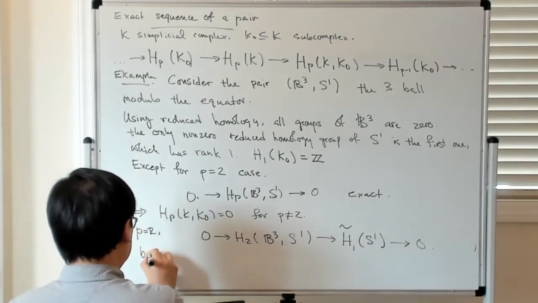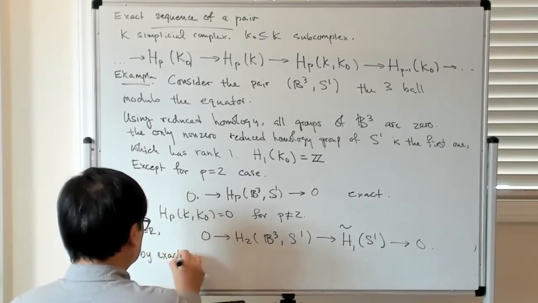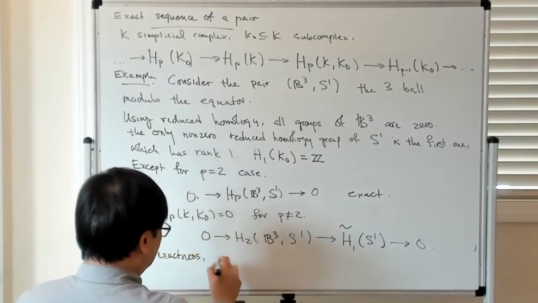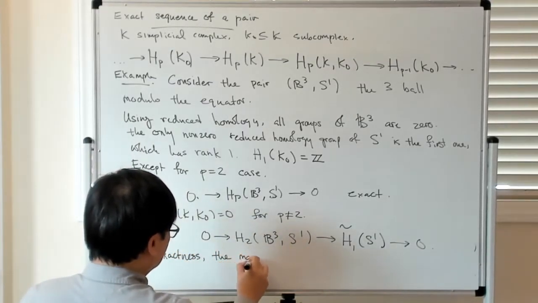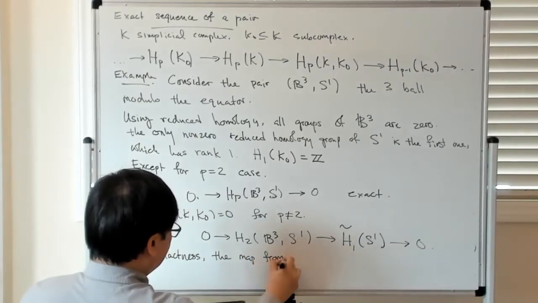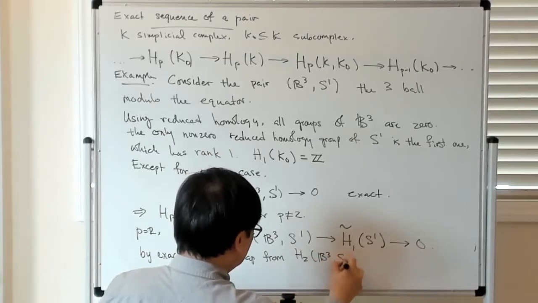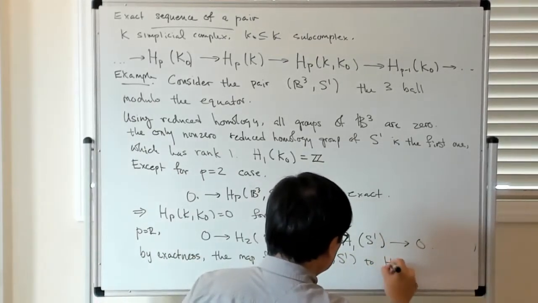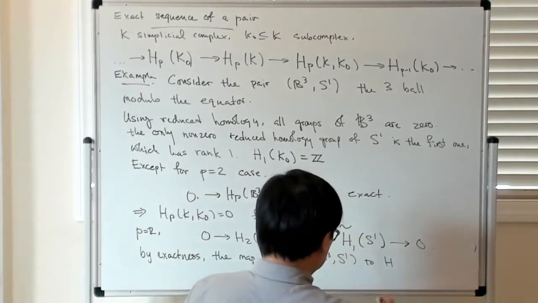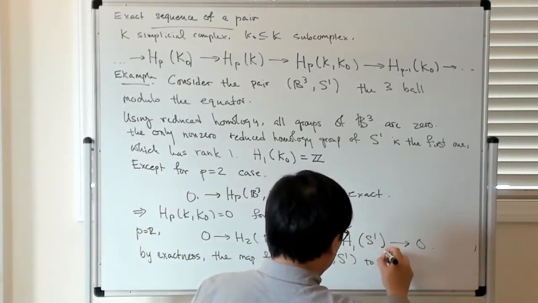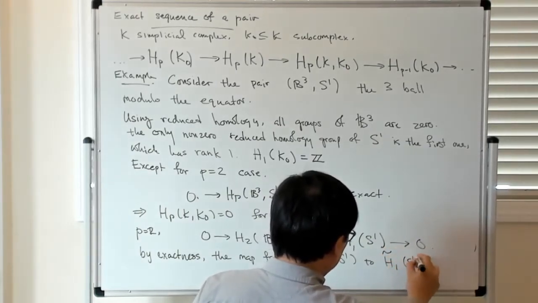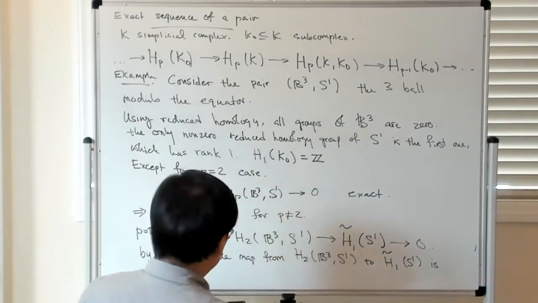So by exactness, the map from H2 of B3, S1 to the reduced homology on S1 is both injective and surjective.